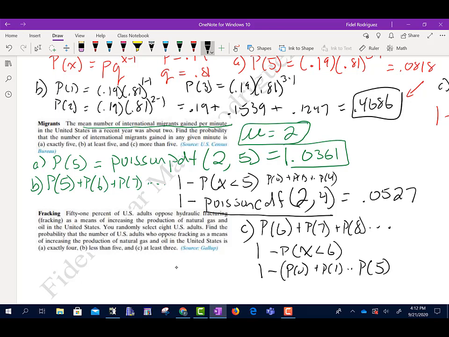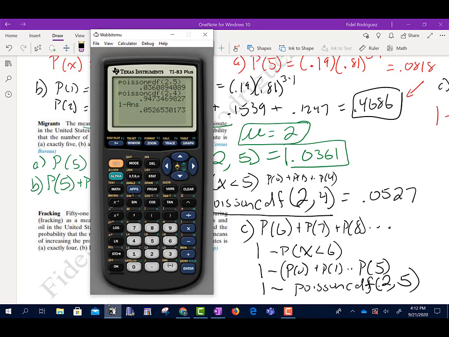Okay. So now I'm going to go 1 minus Poisson Cdf, still with my average being 2, but now my x value is going to be 5. Okay. So doing this on the calculator, we're going to go second vars. We're going to scroll down.